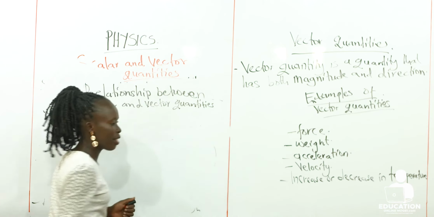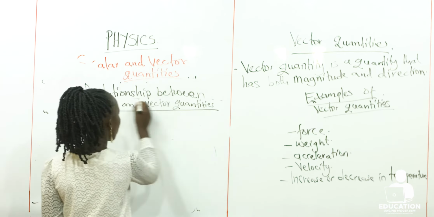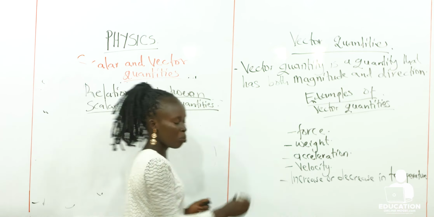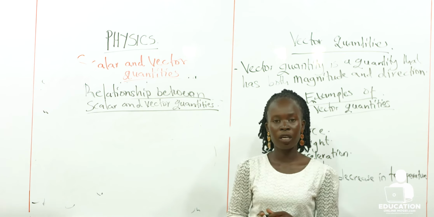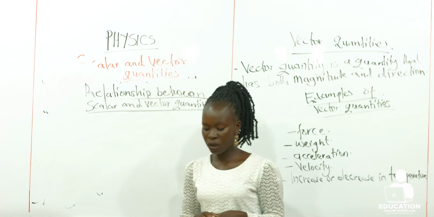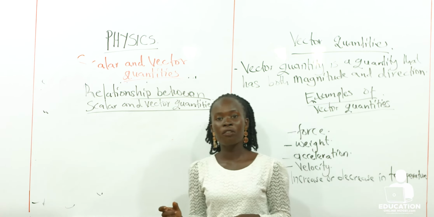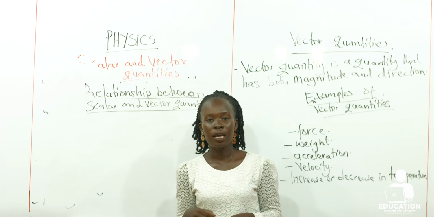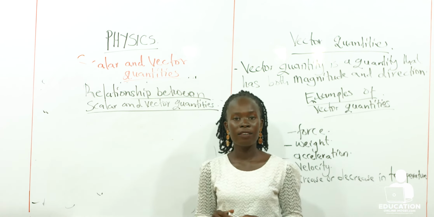What is that thing that makes vector and scalar quantities similar? Because if you're talking about the relationship, we are talking about the similarities between the two quantities. From our definition of scalar and vector quantity, there is this term, the magnitude, or the size.